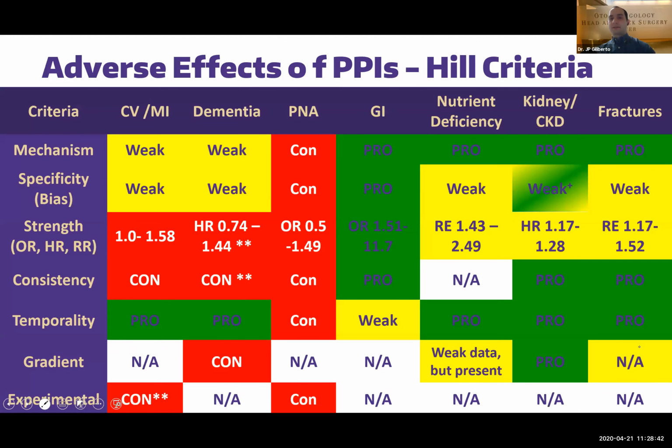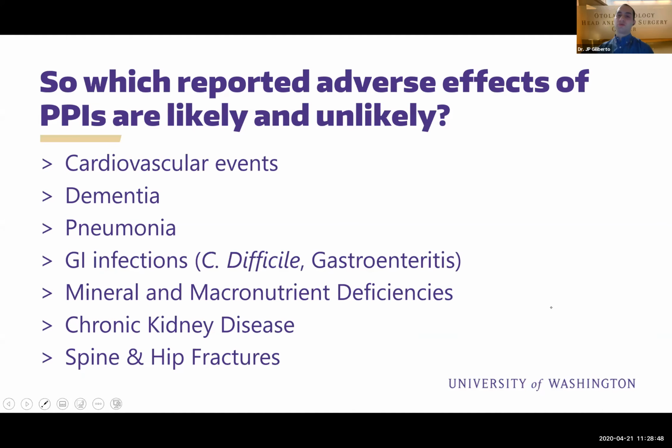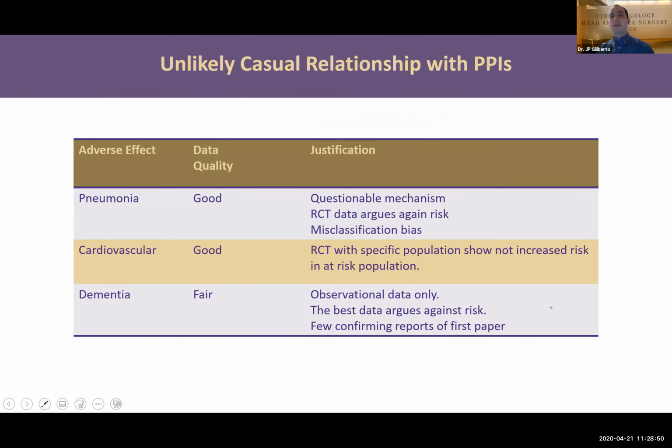So in taking this sort of colorful heat map, how do we break it down into what we think is true and what we think is not true? And I think that it's pretty safe to say, based on the data, that for cardiovascular events, dementia, and pneumonias, there's pretty good data to suggest that they're not a causal relationship.